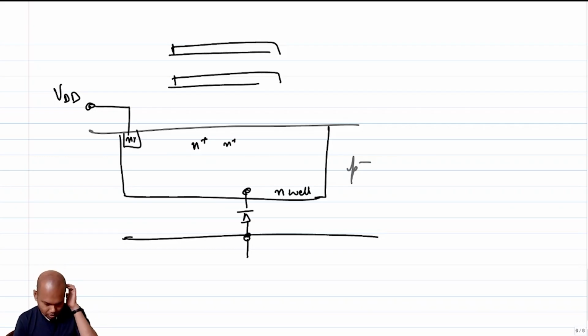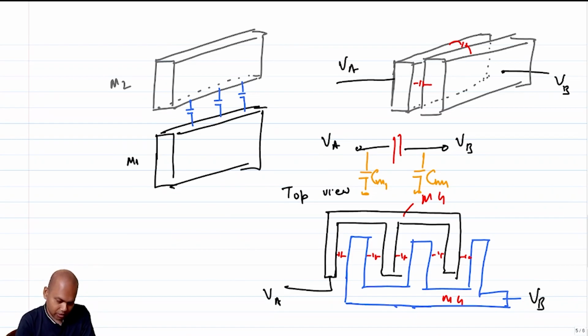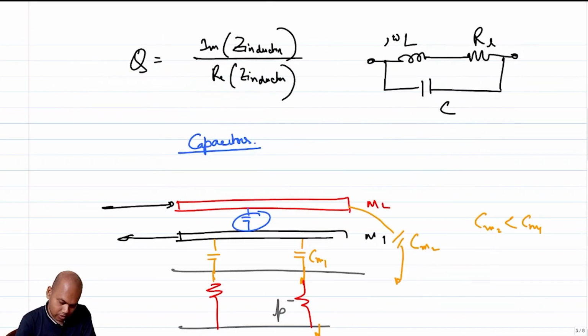So I have not achieved anything, but note that if I have this parasitic capacitance, let me call this CP. I probably should have called it CP in the earlier pages also. So let me call this CPM. This is CP. This is also CP. Let me call this CPM2, CPM1.